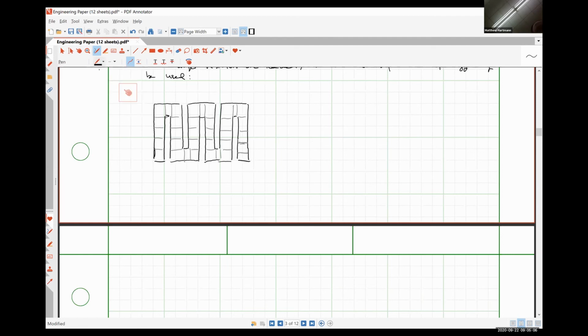So based on our design rules, we know that each of these squares is going to be 12, and each of these regions is going to be 6 based on design rule 1.3, right?